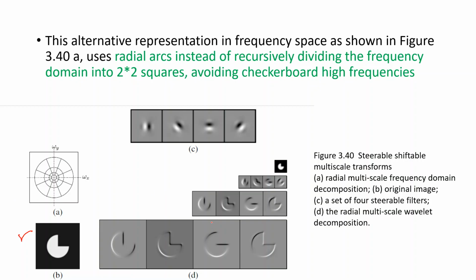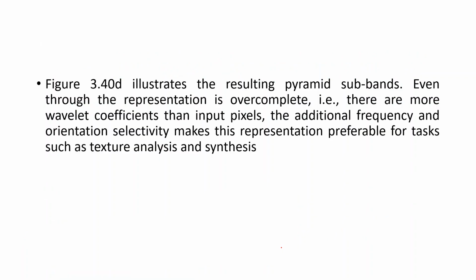One may represent the vertical edge, another shows the diagonal edge, another shows the curved edge, etc. So this is a multi-scale wavelet representation, or wavelet decomposition. And the last one, D, we can also state that it is over complete. Over complete means it has more detailed descriptions, which can be useful for texture analysis, texture synthesis, as well as pattern analysis.